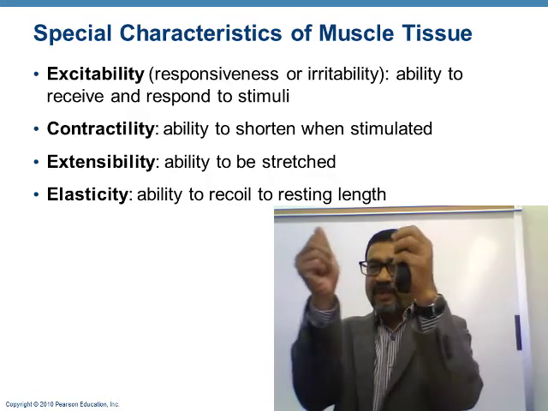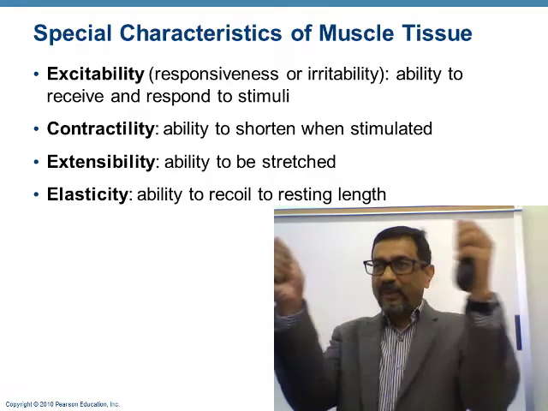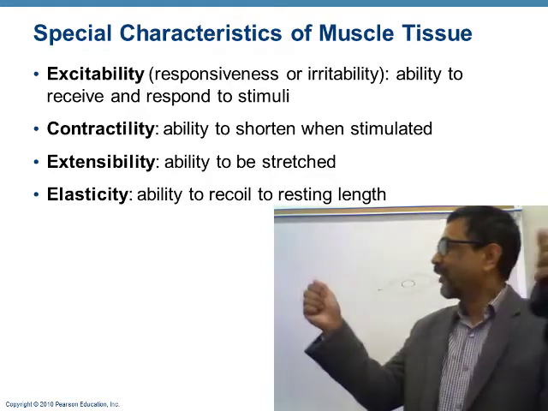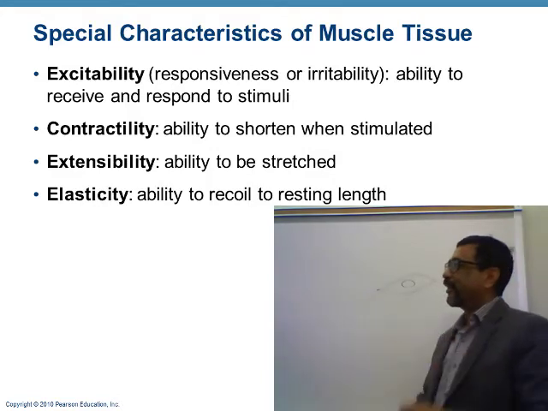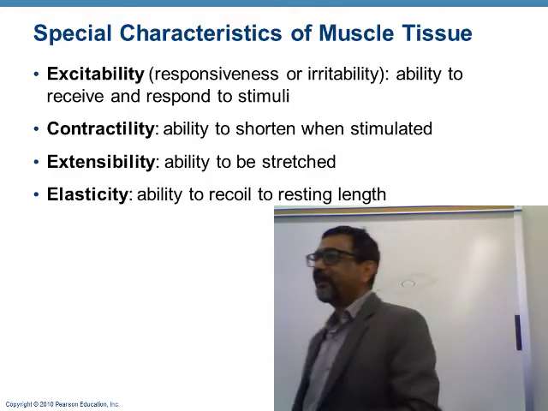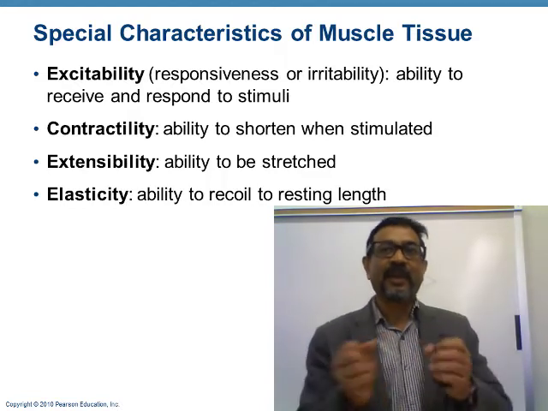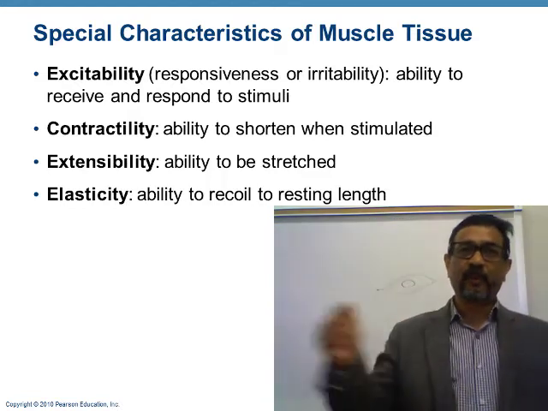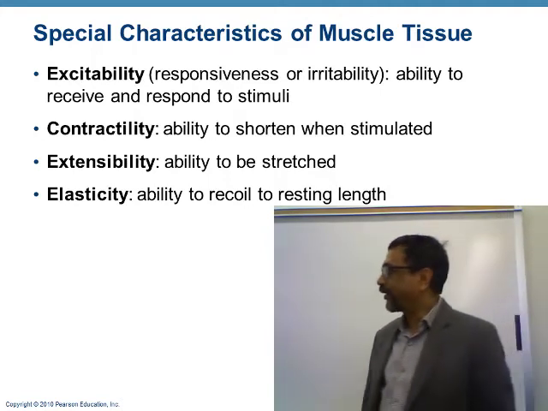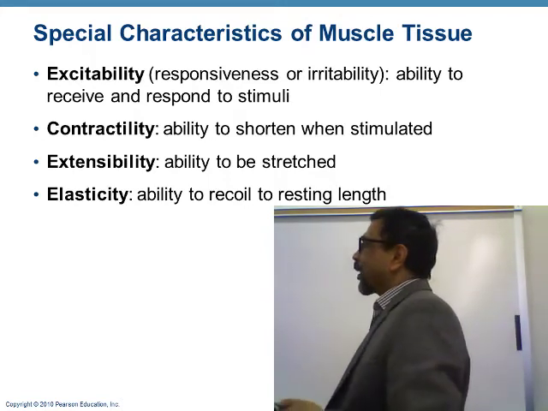If you pull the muscle from both ends, it will expand. That is the extensibility, the ability to expand. It can contract as well as it can expand. If you put pressure, pull from both ends, it will expand.